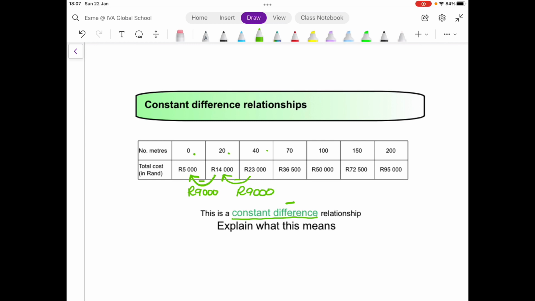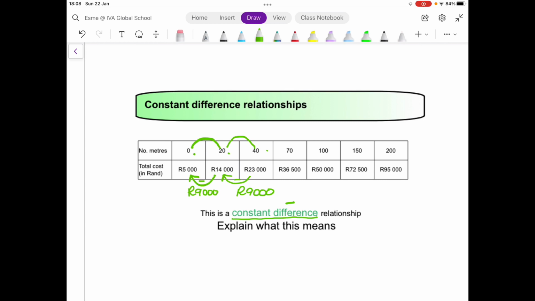That means for every 20 meters, because 0 to 20 is 20, 20 to 40 is another 20, my price is going to increase by 9,000 Rand.